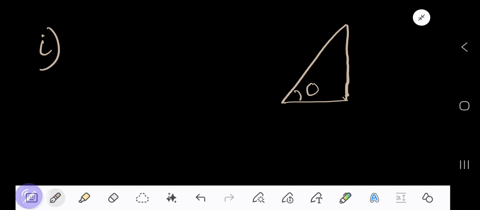Alright, say this angle is theta. Okay, and this is perpendicular, base and hypotenuse. So our first trigonometrical ratio is known as sine, commonly written as sin.